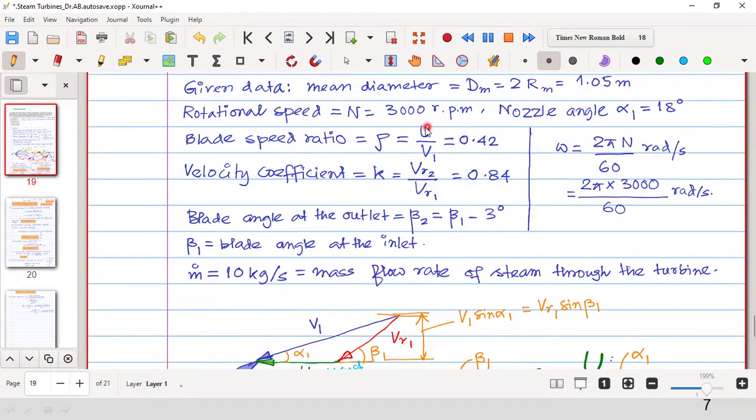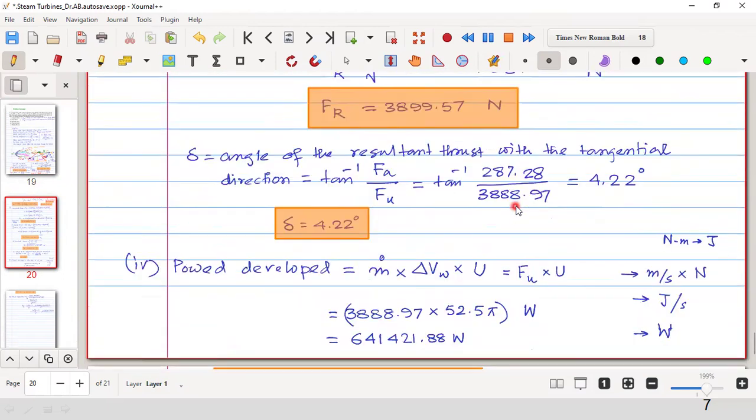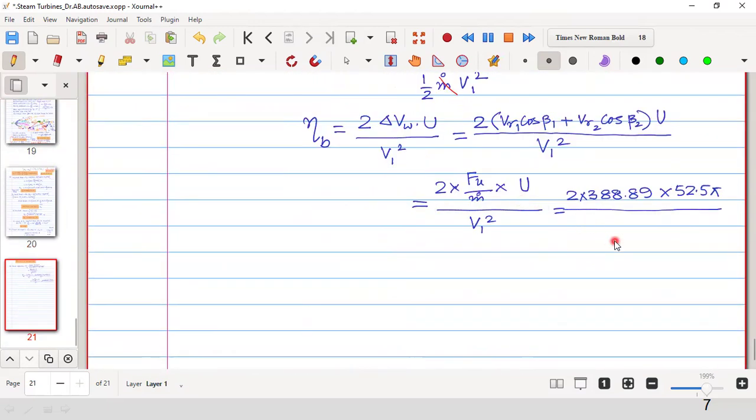V1 is equal to basically U by rho. So U by rho square.